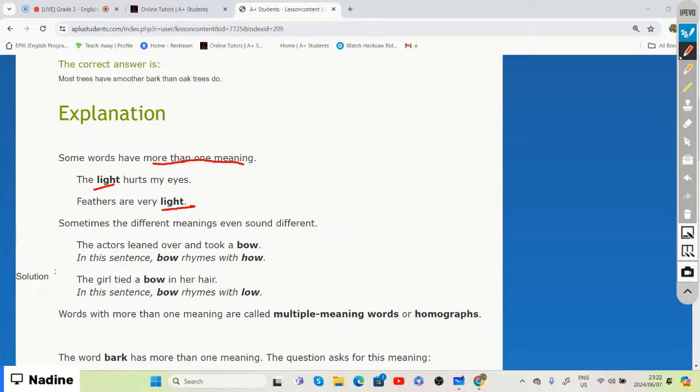And then also feathers are very light. That is the weight of it, something that is very light or heavy. So the feathers are light, which means that it's basically one word, light, but the meanings are different. The one meaning is talking about the light hurting our eyes, and the second one talks about the feather of, let's say, birds that is very light.